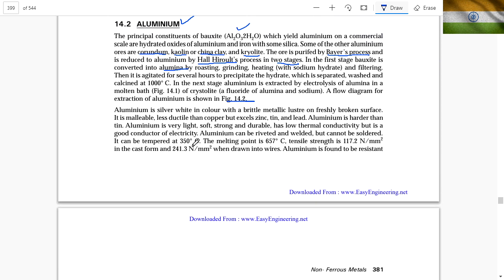So aluminium is silver white in color, as we all know, with a brittle metallic luster on a freshly broken surface. It is malleable, less ductile than copper, but excels zinc, tin, and lead.